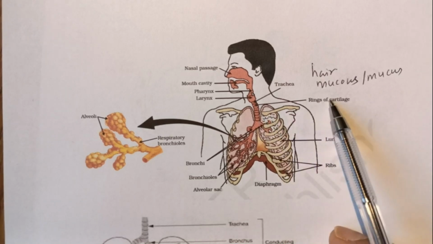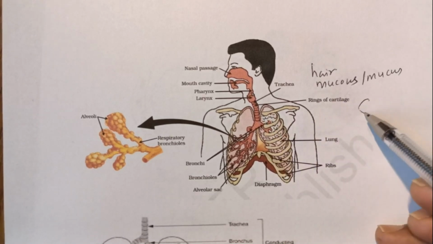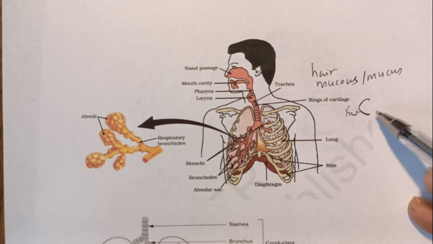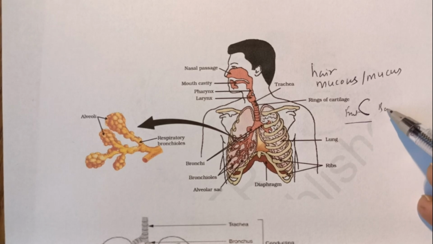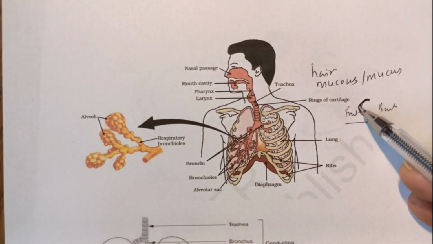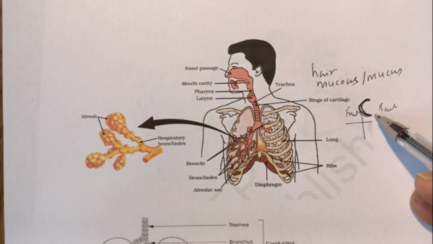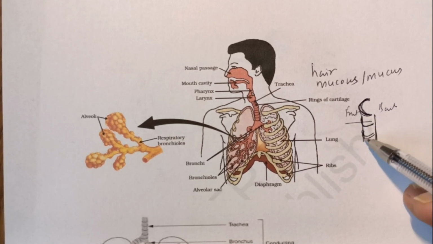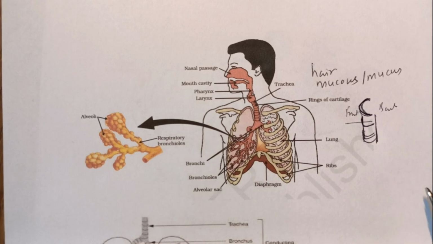These rings of cartilage are C-shaped. That is the front of the trachea and that is the back of the trachea. So that C is placed in the front of the neck. If this is the trachea, then the C-shaped cartilages are located in the front.